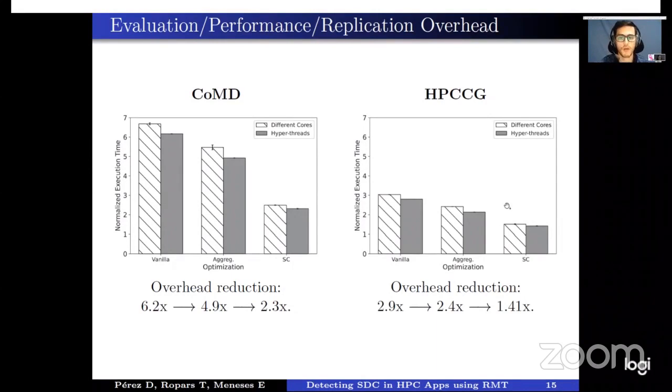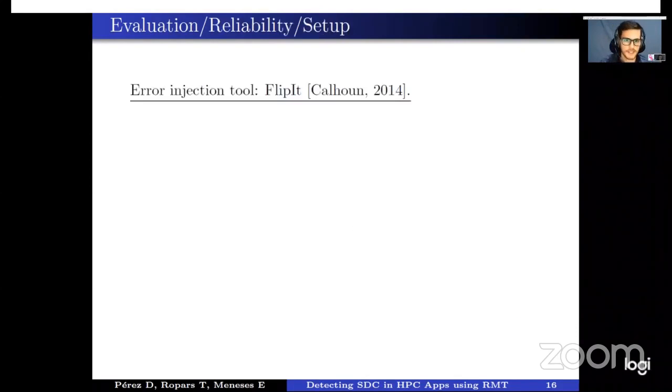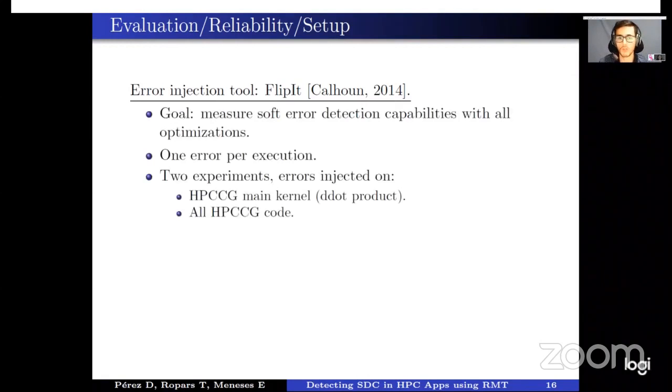Okay, so what about the reliability of these techniques? How many errors are they able to detect? That is the next experiment. In order to measure that, we have to inject soft errors, and we used a tool called FlipIt. The goal is to measure the soft error detection capabilities with all the optimizations.